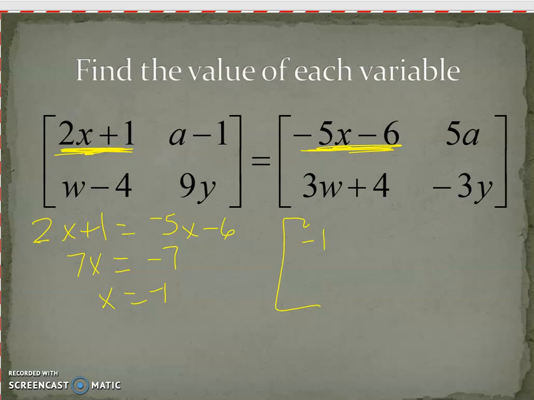It was in the first row, first position. Okay? So you would just solve for each of these. Set each of them equal to each other, the proper value, and then find your solution. So this is my x, this is my a, because that's what was there. Okay?